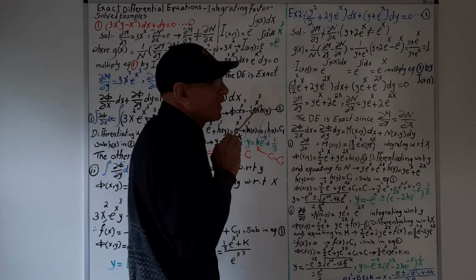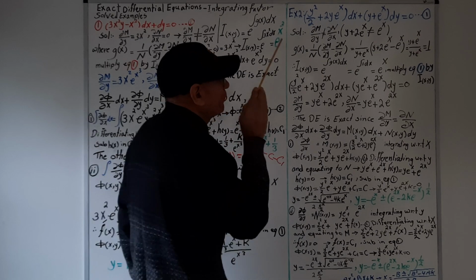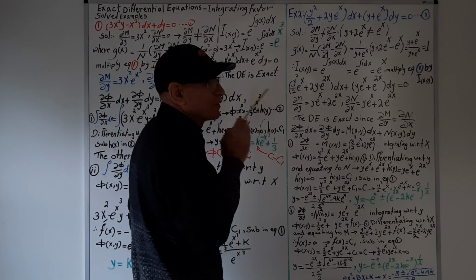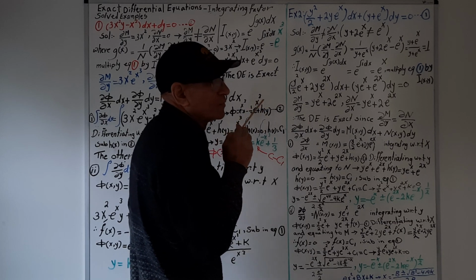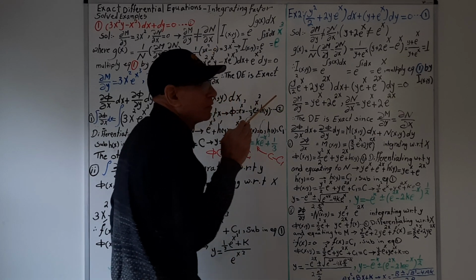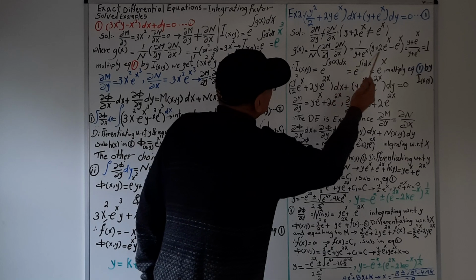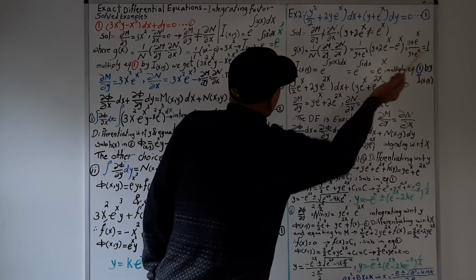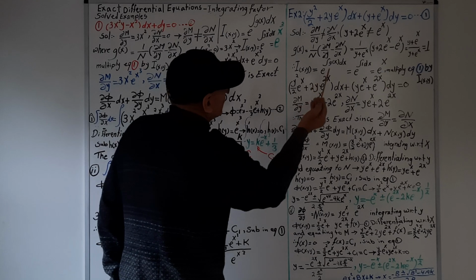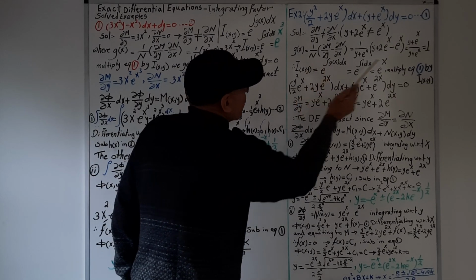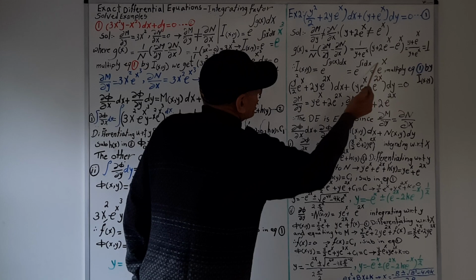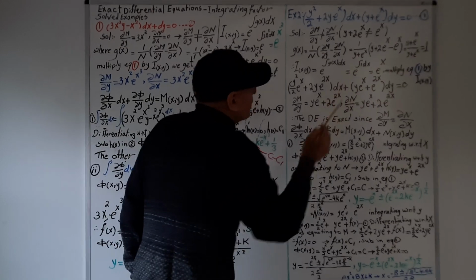By the way, sometimes even if we try either a function of x or of y, it doesn't work, so we will go with the best one. And here we found g of x equals 1, then I equals e to the integral of 1 times dx, and here our integrating factor equals e to the power x.